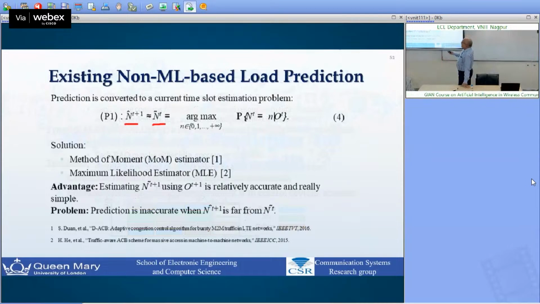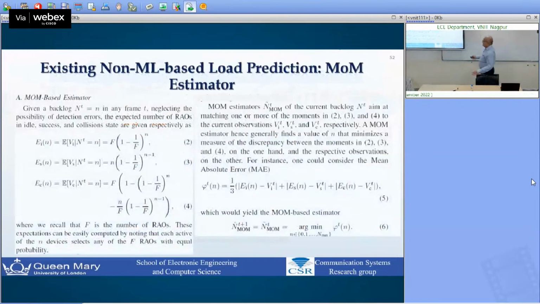So there are 2 types of estimators in the literature: method of moment and maximum likelihood estimator. For example, this is in our paper, the communication letter paper.